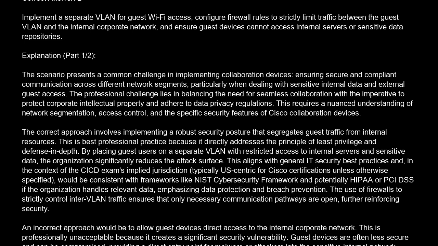This aligns with general IT security best practices, and in the context of the CICD exam's implied jurisdiction, typically US-centric for Cisco certifications unless otherwise specified, is consistent with frameworks like the NIST Cybersecurity Framework and potentially HIPAA or PCI DSS if the organization handles relevant data, emphasizing data protection and breach prevention. The use of firewalls to strictly control inter-VLAN traffic ensures that only necessary communication pathways are open, further reinforcing security.